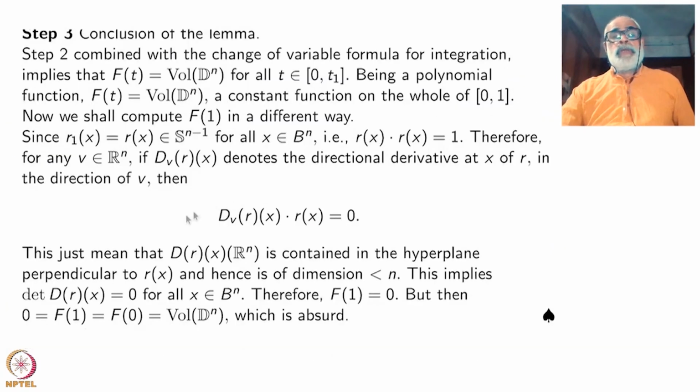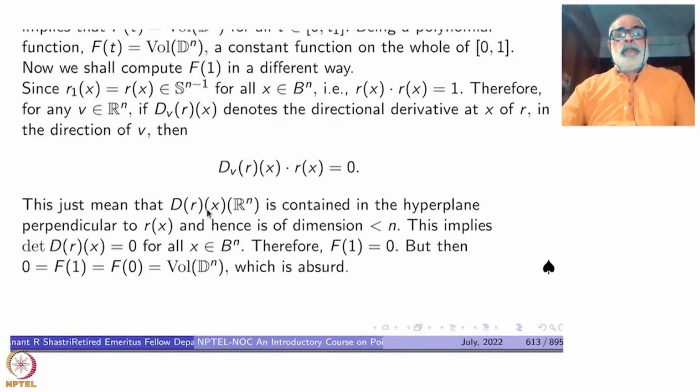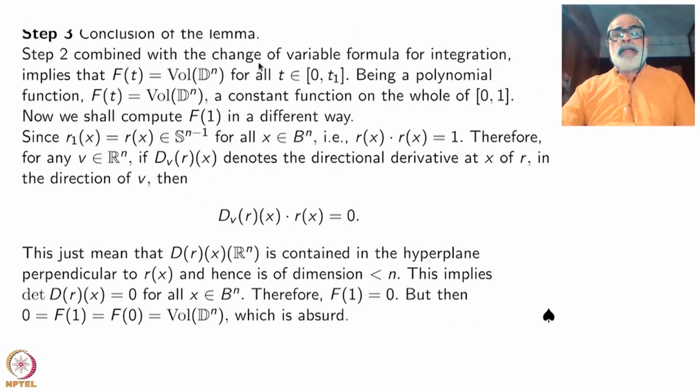Okay, now we can conclude the lemma. So step 2 combined with a change of variable formula for integration implies wherever it is a diffeomorphism, this function ft must be the volume of the whole thing. Volume of Bn or volume of Dn, they are the same.